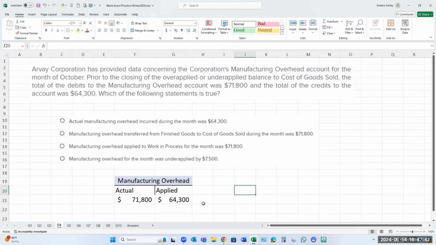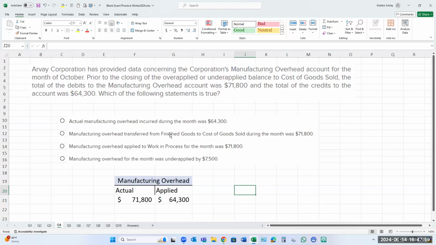Okay, so which of the following statements is true? Actual manufacturing overhead incurred during the month was $64,300. Actual is the debit. No, that's not true.